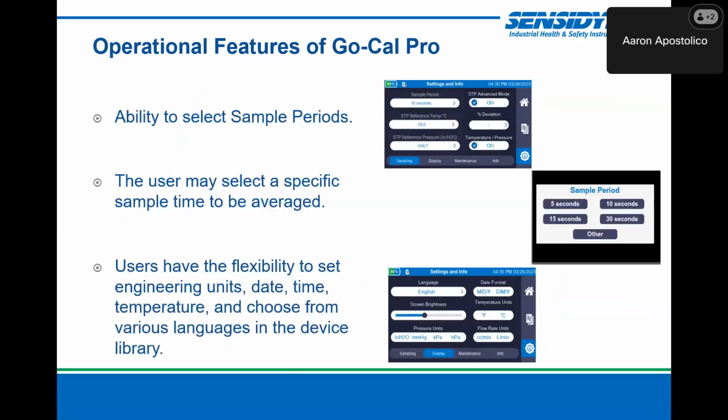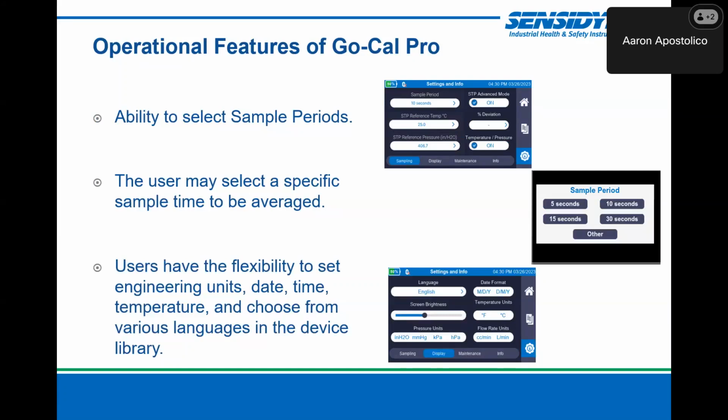Some other key operational features of the calibrator is the ability to select sample periods. So as I mentioned before, you have a sample duration. Now we have some pre-programmed sample times, 5, 10, 15, or 30 seconds, but you can sample for hours if you choose to.